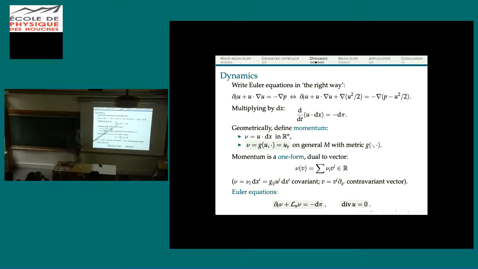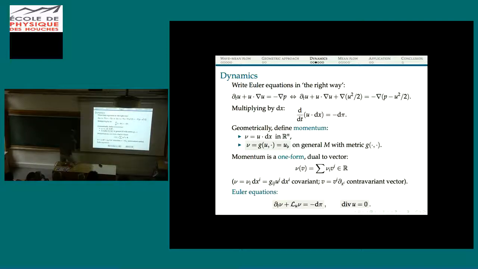You first add on both sides the gradient of u squared over 2, and then you multiply by dx, okay, and then you can just rewrite this as this, where you understand that d by dt of dx is just du, right?